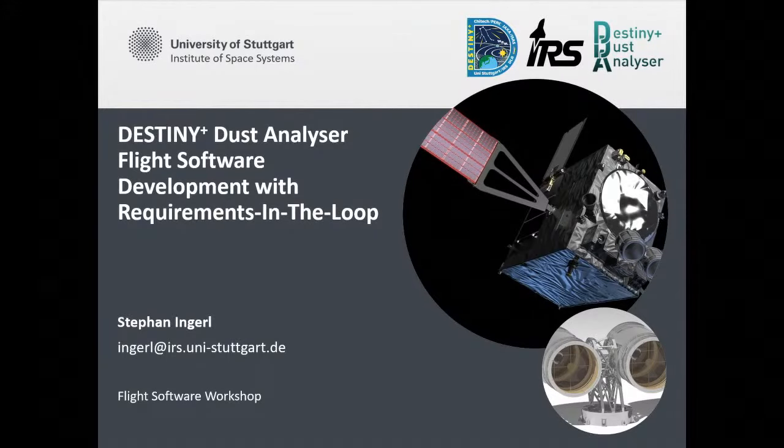So, hi, my name is Stefan. I'm a software engineer, and I'm responsible for the software development of the Destiny Plus dust analyzer instrument, which is part of the Destiny Plus mission. I'm working at the Institute of Space Systems in Stuttgart in Germany, in the south of Germany.